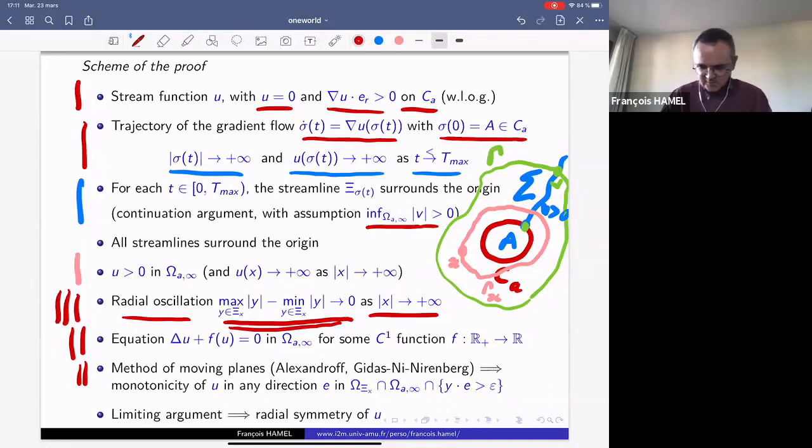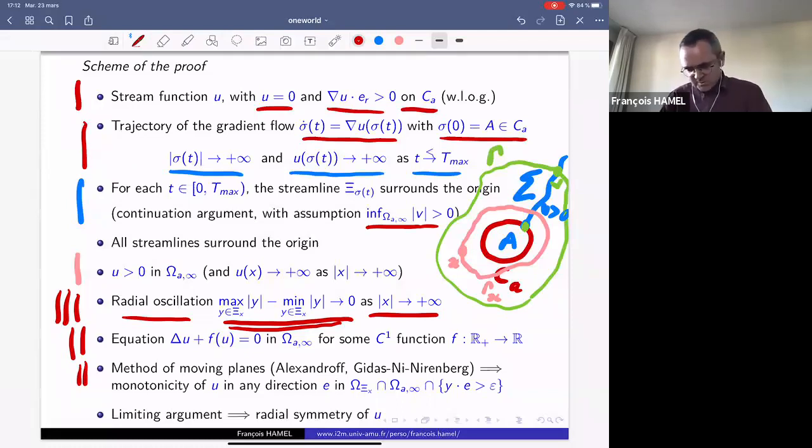But we can still apply the method of moving planes by comparing the function u to its reflection with respect to some moving hyperplanes, and then we move the position of the hyperplanes in any given direction E, and we get the conclusion.